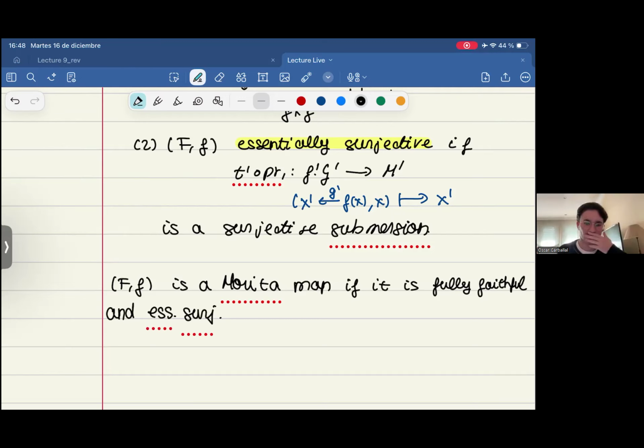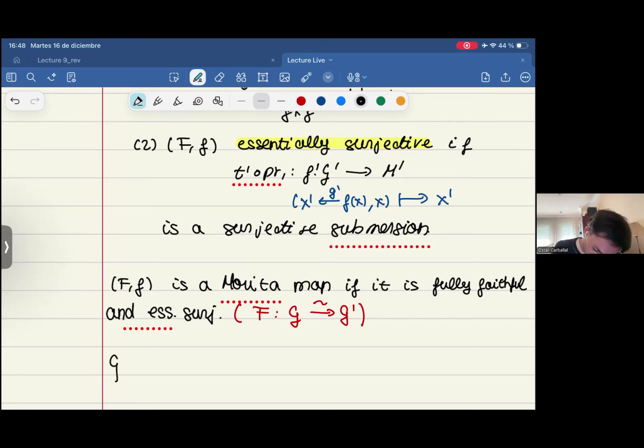Both things, right? And in this case, one denotes Morita maps, following Matías del Hoyo in this way, only between the sets of arrows, right?